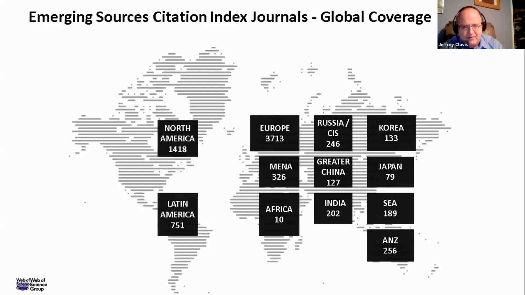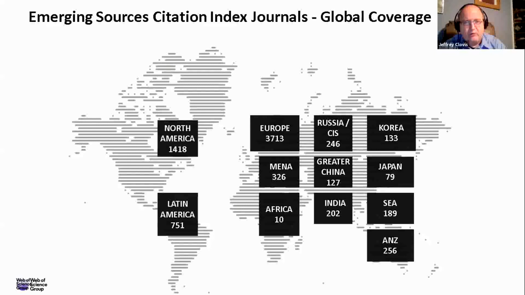And this was done specifically to cover high quality publications, journal literature, although we went into this trying not to replicate what we have from the regional citation databases that we added to the platform.